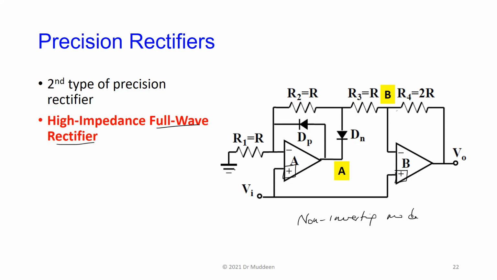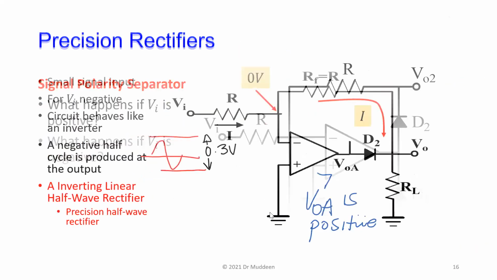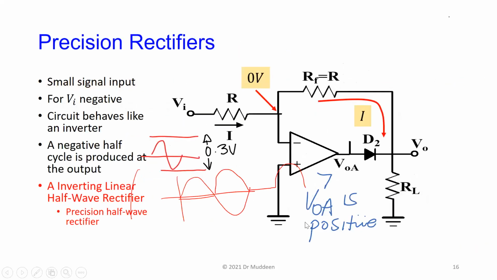So we've created a high impedance full wave rectifier. The previous one that we had here, the single op amp one, is an inverting half wave rectifier, but the input impedance is low. It would be limited to whatever this value is.